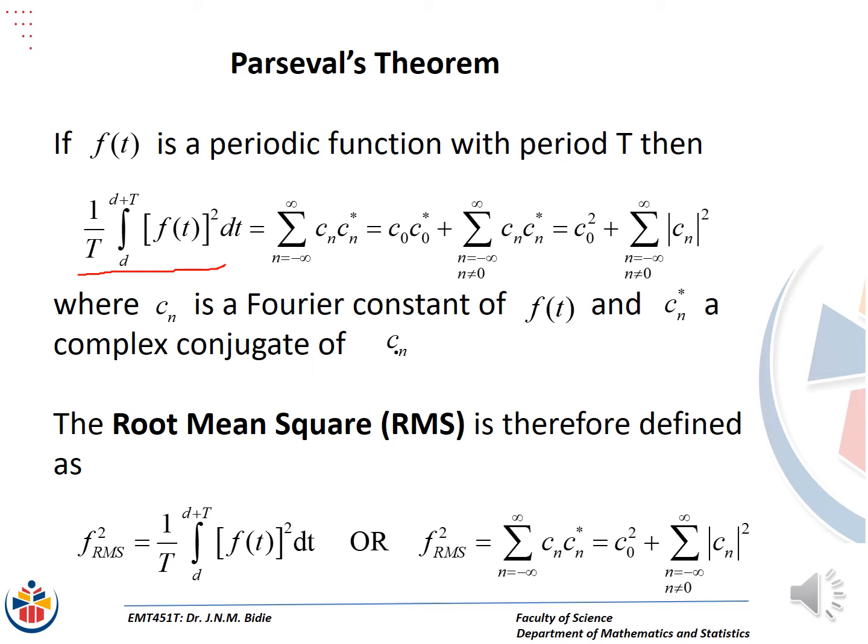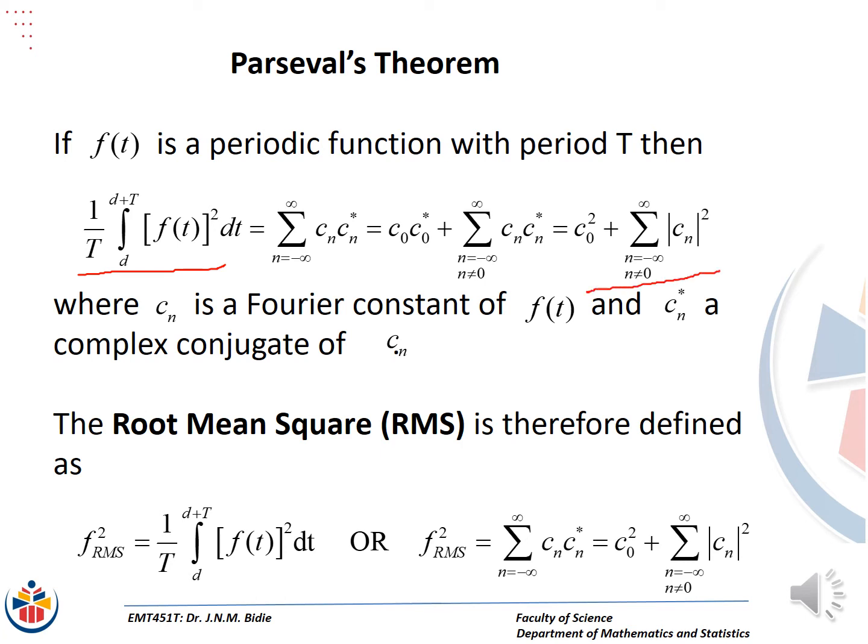And here on the right-hand side, you have, instead of c naught times d naught star, c naught times c naught star, and also cn times cn star. That means in place of dn star, you have cn star. That is the complex conjugate of cn. Once again, you have to simplify fully.